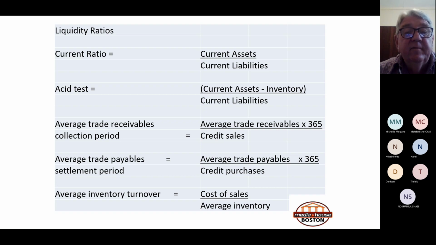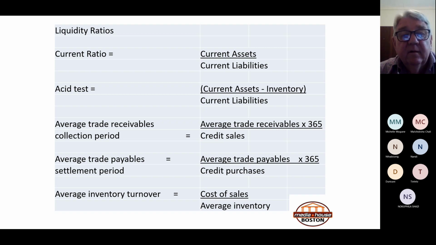We want to see, if I cannot trade anymore, in other words, my inventory is gone for some other reason, will I have enough cash to cover my current liabilities? And this is where a lot of companies fall short, where they don't have enough other current assets to cover the current liabilities.